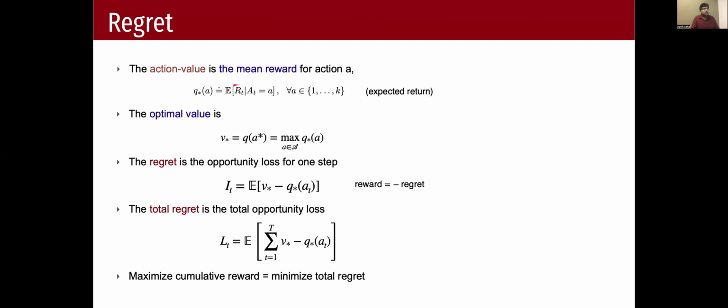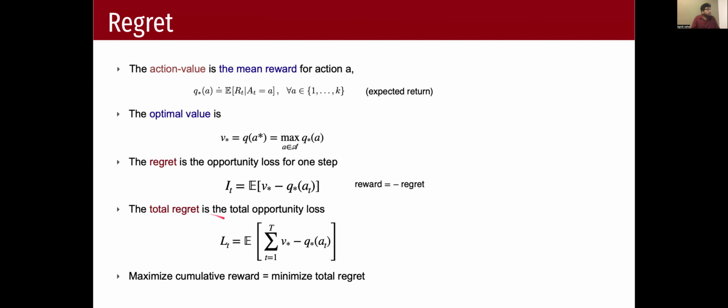This is the mean value, and the optimal reward is the maximum of this Q star A. The regret is the opportunity loss for one step, the difference between the best action and the chosen action. Regret basically quantifies the performance loss due to not knowing the optimal action from the start and having to explore and learn over time.